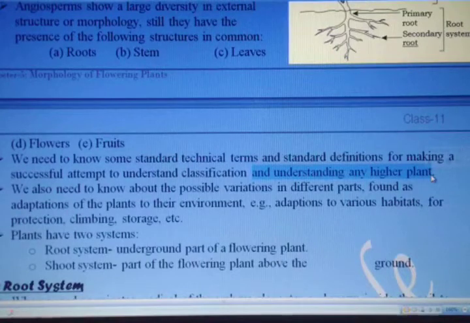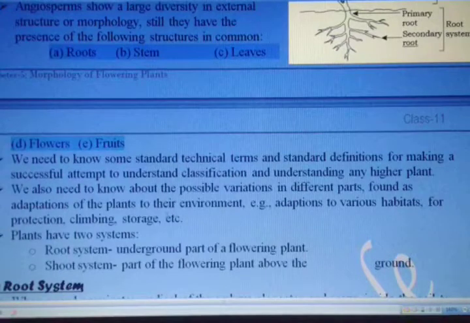And we also need to know about the different kinds of variation in the plant. That means the plant parts I am talking about, root, stem, leaf, flower and fruit. In these structures a lot of variations are found.